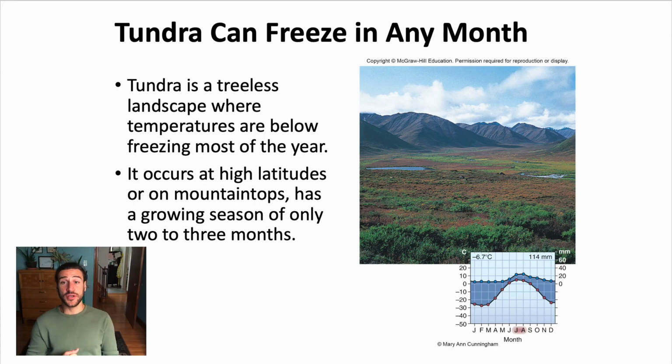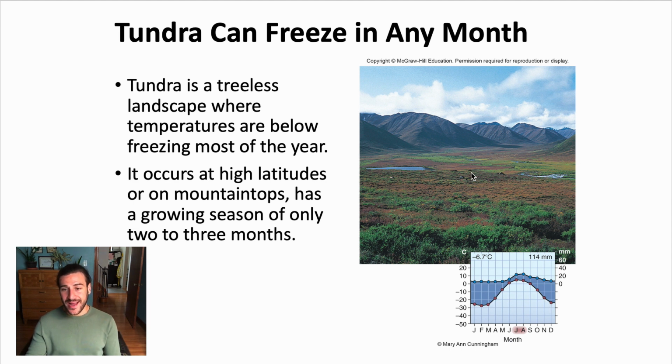So moving on to tundra ecosystems, you can see that a tundra ecosystem can actually freeze in any month. And this graph depicts just two months out of the year where it actually creeps up above freezing. So really, really intense biomes.